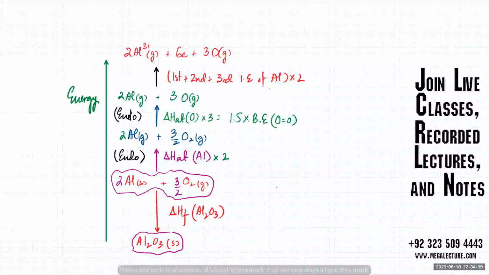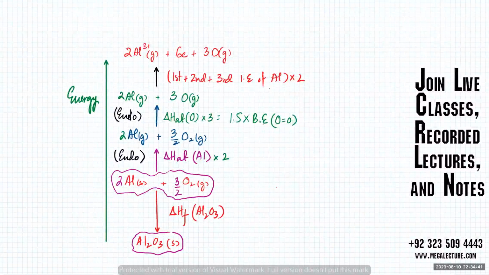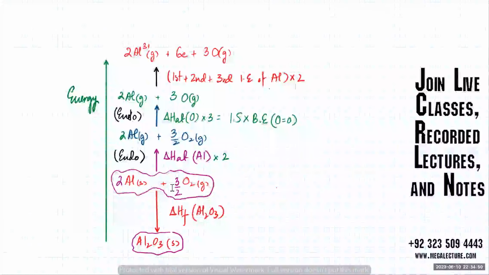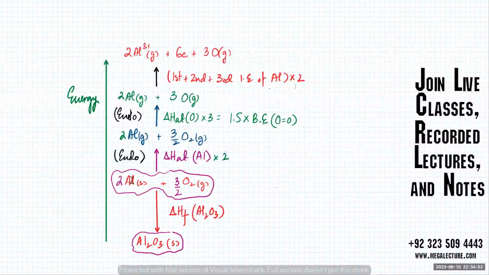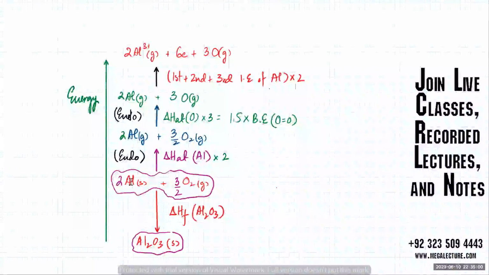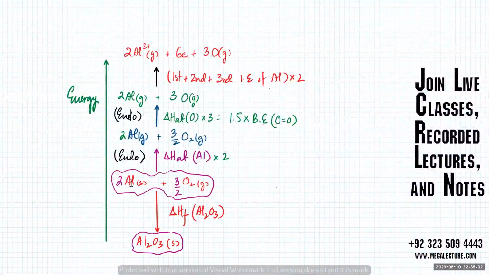I don't understand the equation. No, which one? 2Al3+ plus 6e- plus 3O. See, I had Al, right? Basically, what I'm trying to do is I've got the elements, I'm trying to make the ionic lattice, right? So what do I need to do with aluminium? I would have to first break the metallic bonds of aluminium. So I did that, so that's an aluminium gaseous atom.